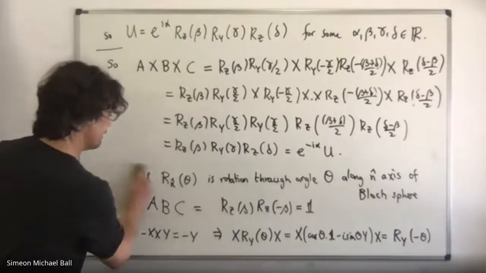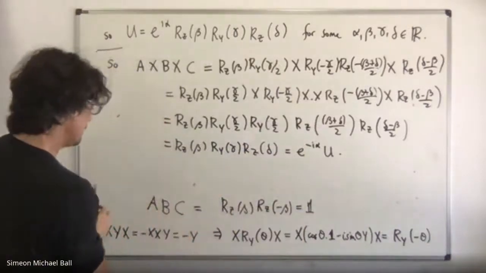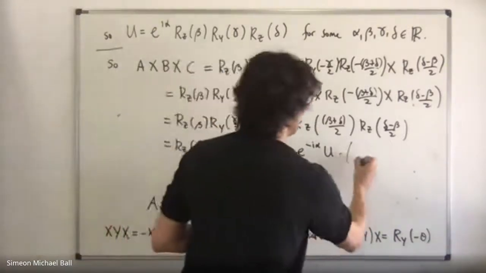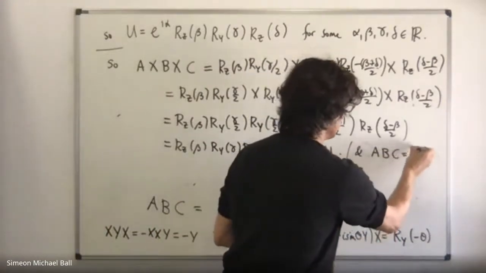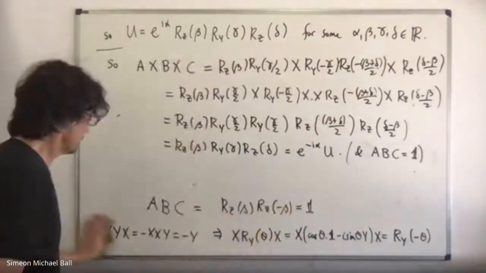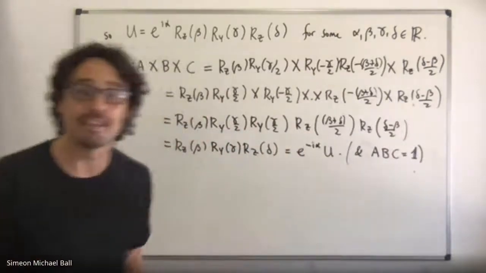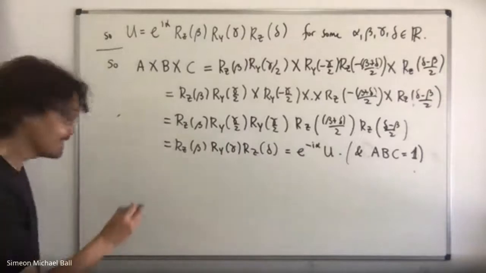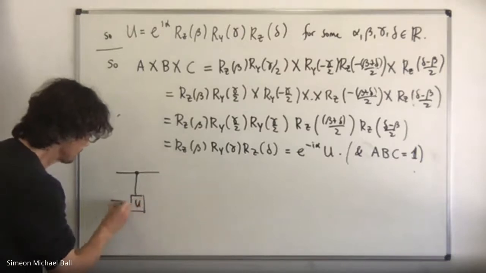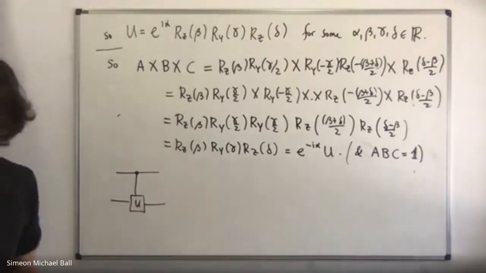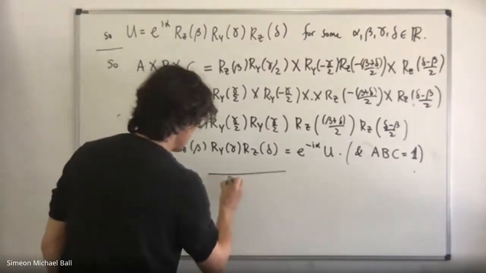I reckon you should be able to finish it off, but anyway, hold on. So, bearing in mind this and ABC is the identity, so I'm just copying that back up. I'm now going to draw for you the circuit which is going to implement the controlled U gate using just C-NOTs and single arbitrary qubit operations.